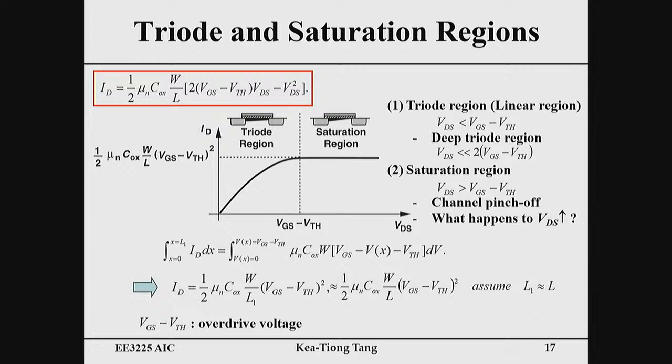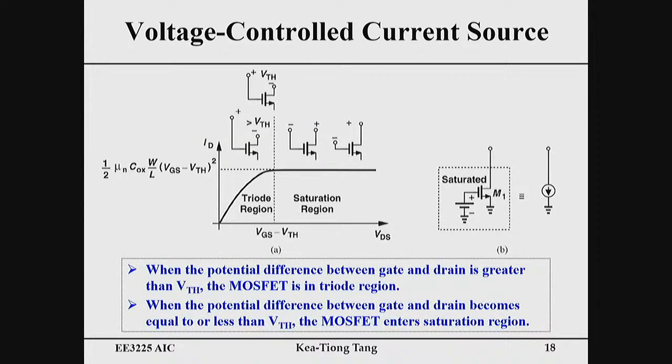One more thing before we dismiss: remember, we made one assumption, that L1 is very close to L, right? But of course, it may not be the case. It may be a little different. I talked about this already.